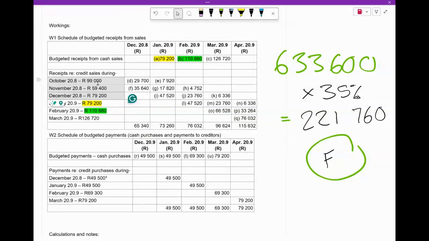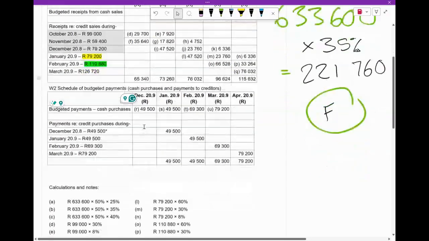However, we now need to do how much we are receiving when. I'm not going to go back into that because you guys had that practice and exposure in 2A. That's how we then build our budgeted receipts from sales, and we get our totals.